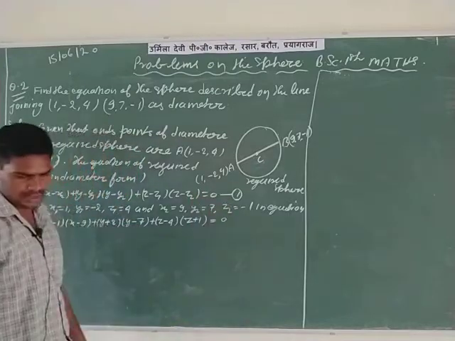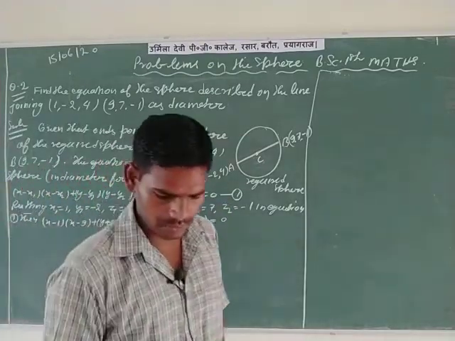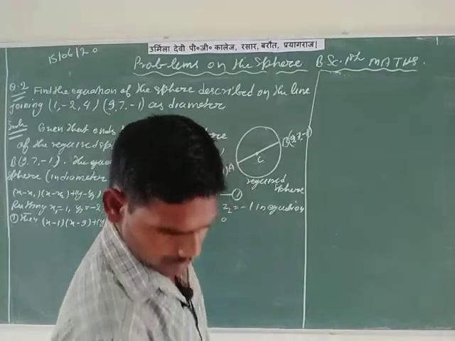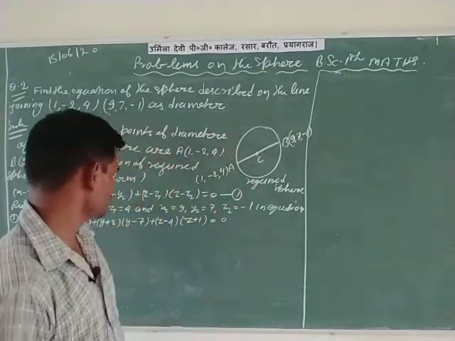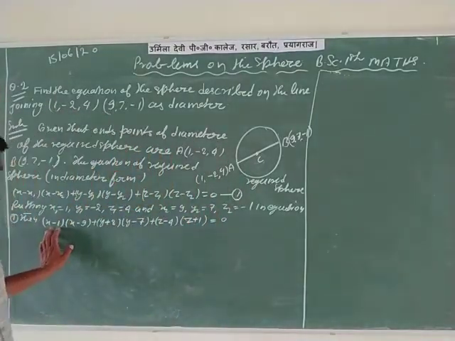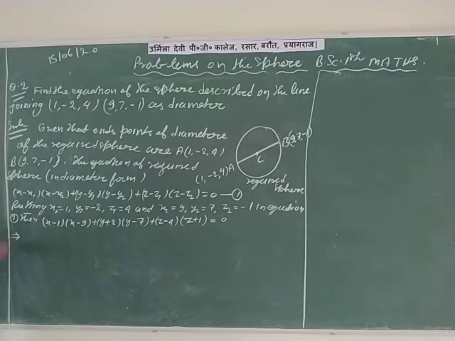This is equation first. In the equation first, putting all values of subscript first and subscript second. So after simplification, you can complete the equation of the sphere.